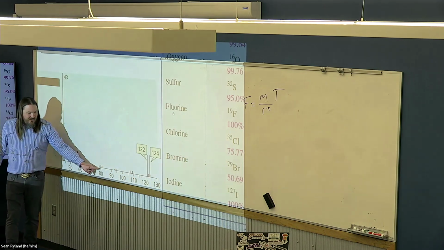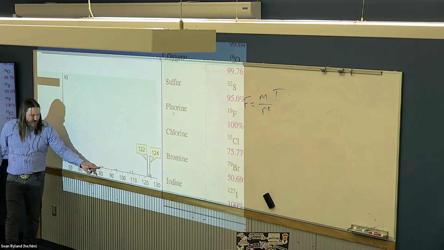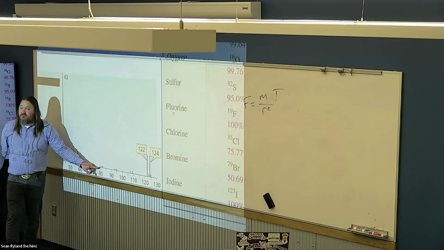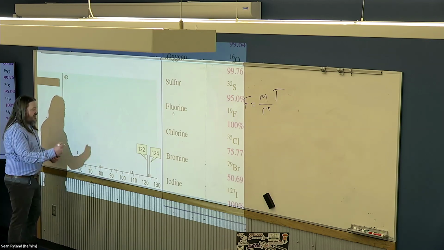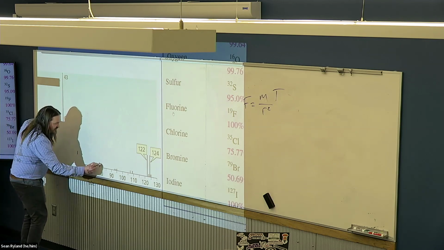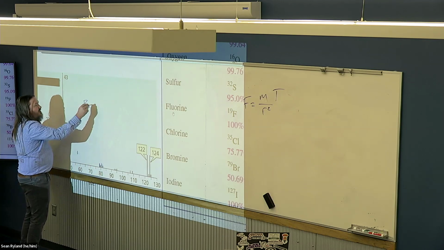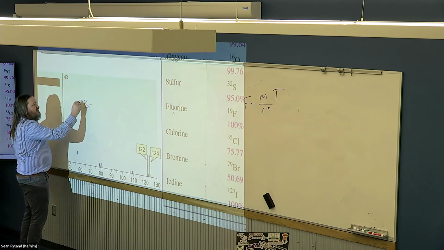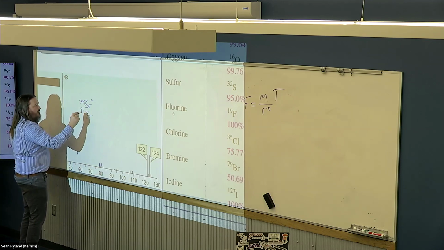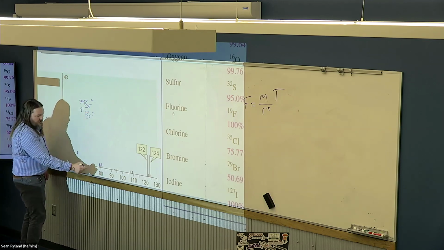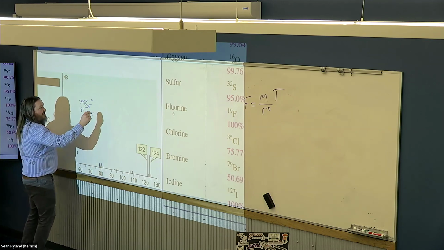There's a few of them right around 79 and 81, right? That's probably bromine by itself. Maybe bromine plus an H. Maybe we have a hydrogen bromine with a positive charge. These two, 79 and 81, could be bromine 79 with a positive charge and bromine 81 with a positive charge.